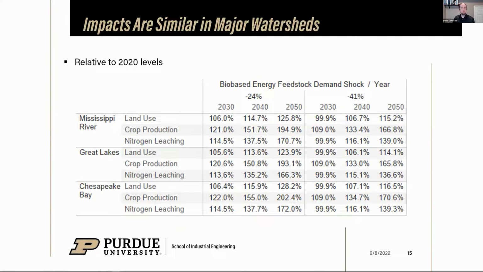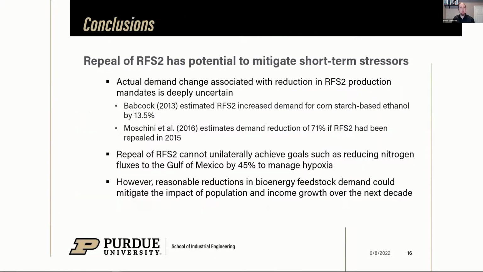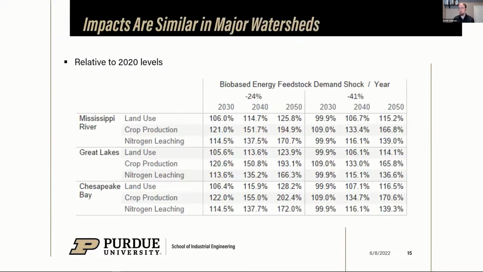So just to conclude and open things up for questions, if we were to repeal RFS2, there's potential here for this to mitigate some of the short-term stress associated with population and income growth around the world. The actual demand change, of course, is deeply uncertain. And the magnitude of these changes that we were looking at, for example, the nitrogen leaching outcomes relative to 2020 levels, nitrogen leaching still increasing over time, even with a pretty large demand reduction.